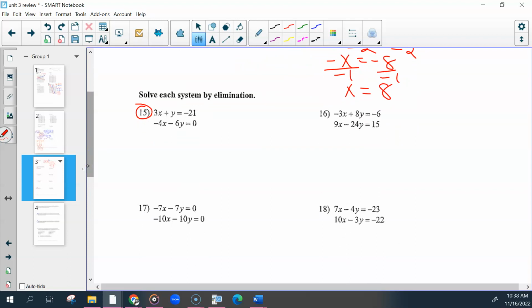For elimination, we are now looking for common coefficients. Here we don't have that, but we could change this to be that by multiplying this first one by 6, the entire equation by 6, not just one piece, so that it changes to 18x plus 6y equals negative 126.